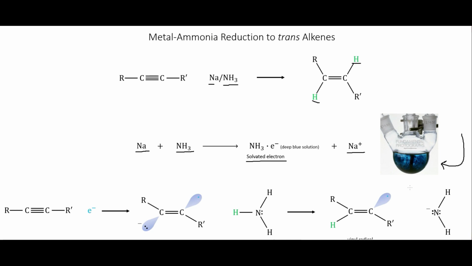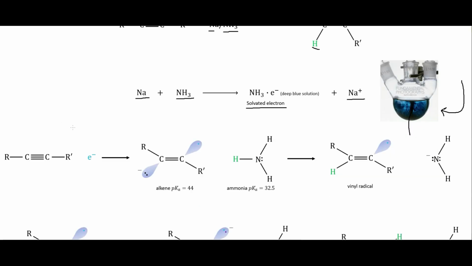It might be kind of hard to see, but you can see there's this dark bar here where the sodium metal has been put in the ammonia, and as that starts dissolving into the ammonia, it becomes this deep blue color. And so then we can use that to add these trans double bonds across our alkyne triple bond.